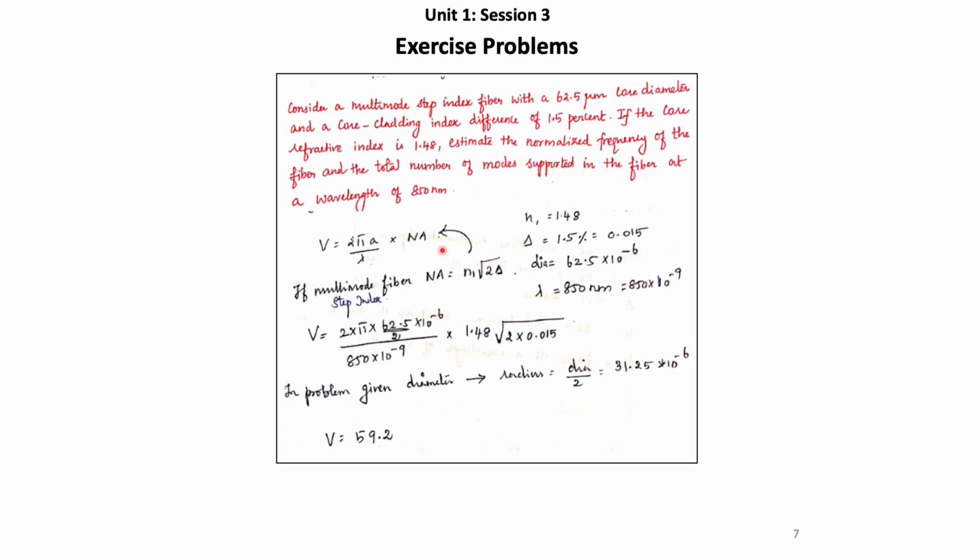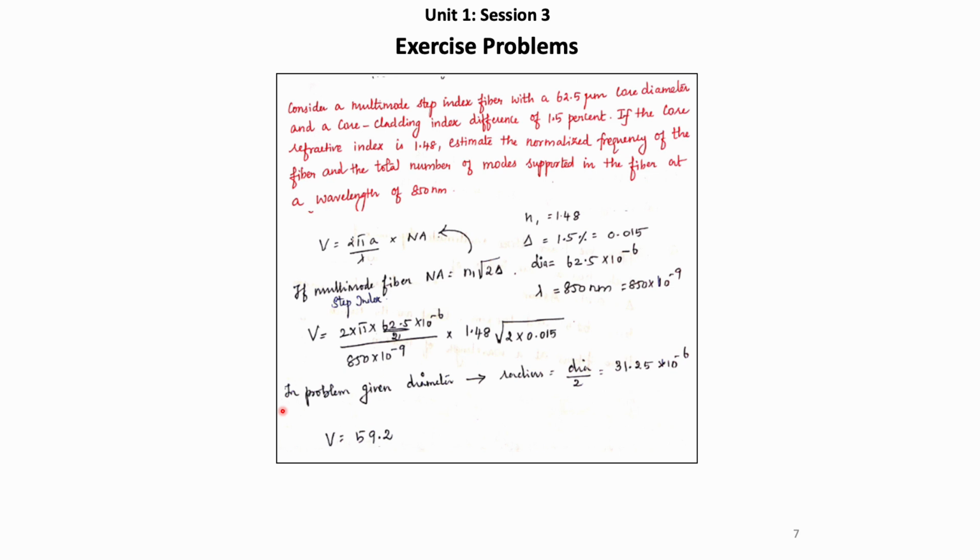Delta is given as 1.5 percent, so 1.5 divided by 100 becomes 0.015. With that we can easily find the numerical aperture. With the radius of 62.5 divided by 2 and the numerical aperture value, we can find the value of V, that is the normalized frequency, as 59.2.